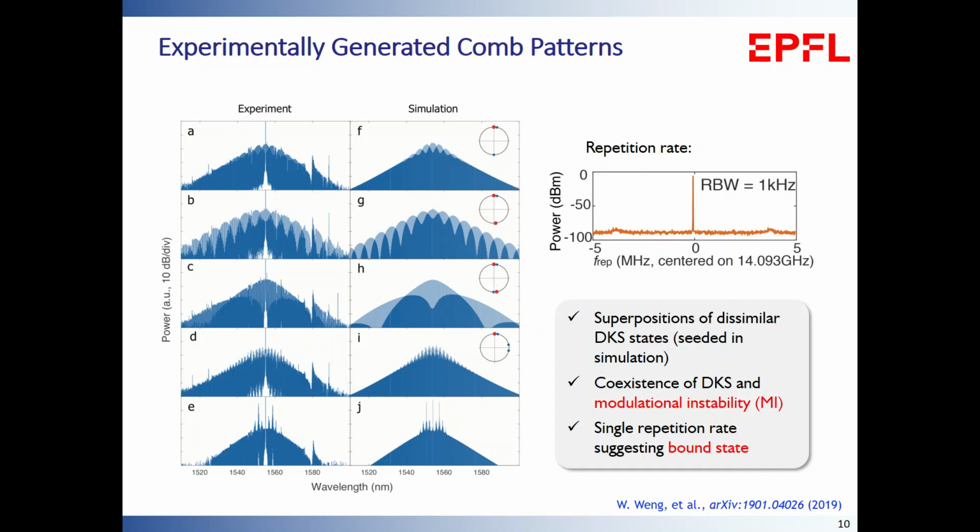These two solitons will have slightly different group velocity, but their natural group velocity is still very close. So the natural group velocity difference is not large enough to break the limit of the bounded state. They will not form soliton collisions. They will form a bounded state.